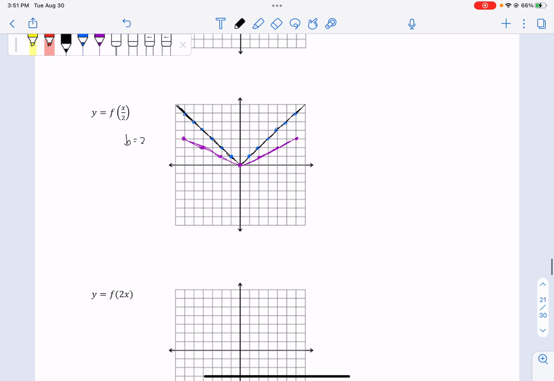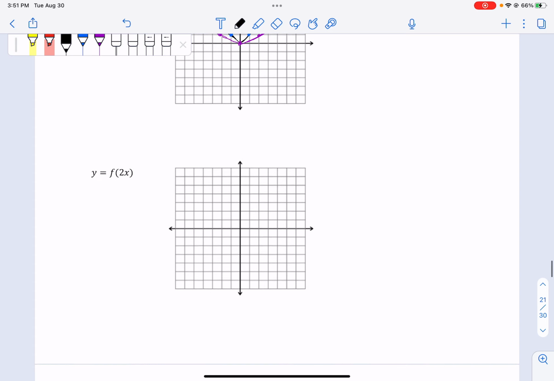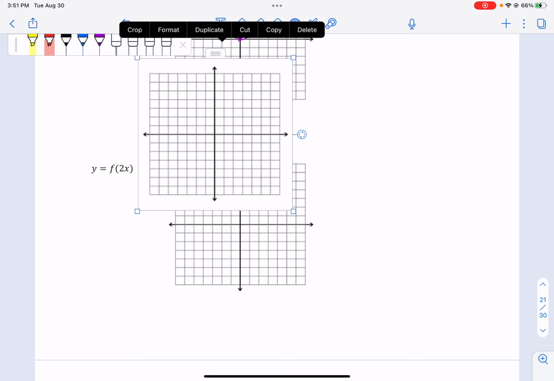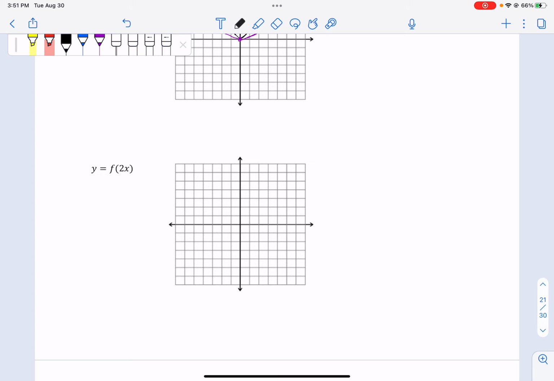This is where it gets a little bit tricky. Whenever you have a function where it's something times x, you have to manipulate it. Instead of writing 2 times x, we can rewrite it as x divided by half. This goes down and it becomes a reciprocal when it's at the bottom.